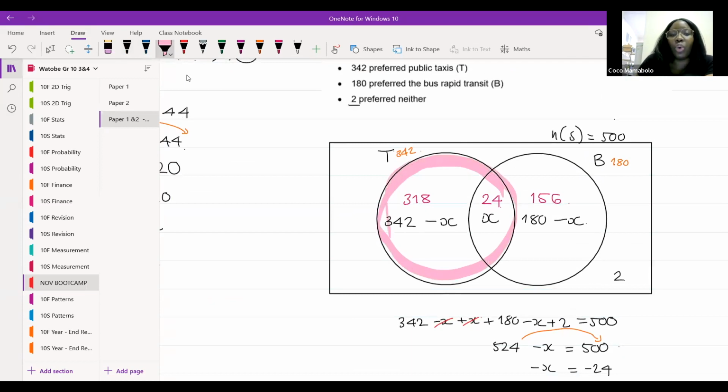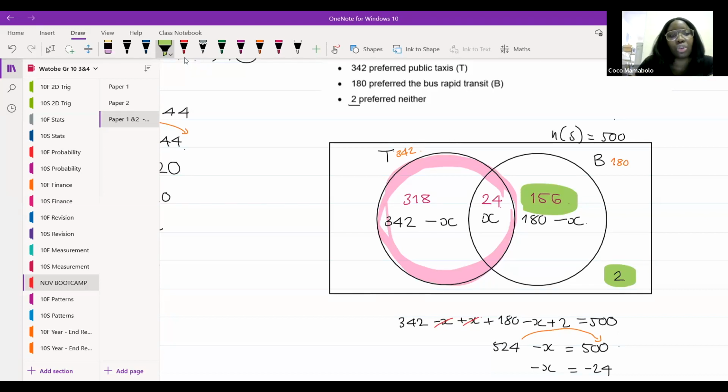So everybody who is not here, the union of that with B, I will go back in just a second. So it's going to be the union of everything that is not in T. At the moment, what is not in T? 2, and B would be 156. Okay, I will explain now. So we should get 156.